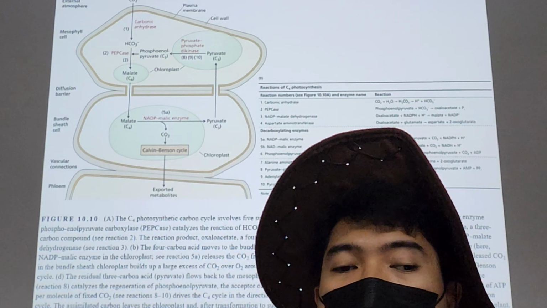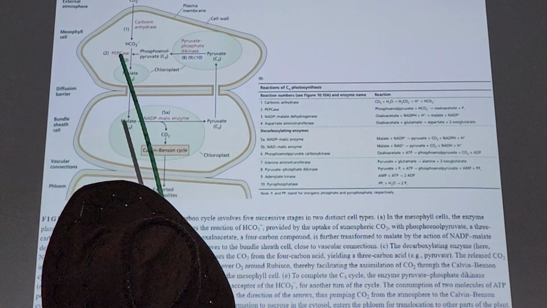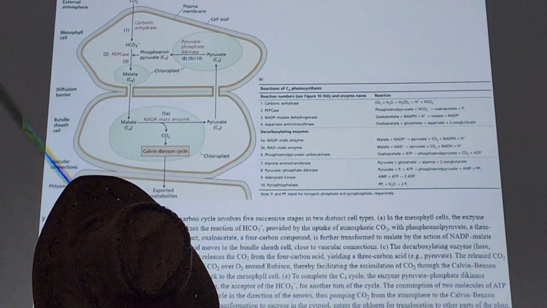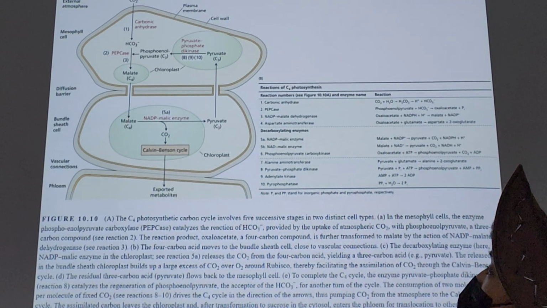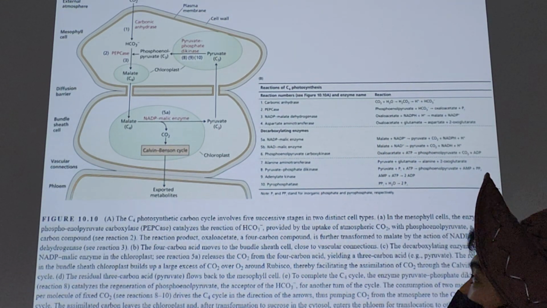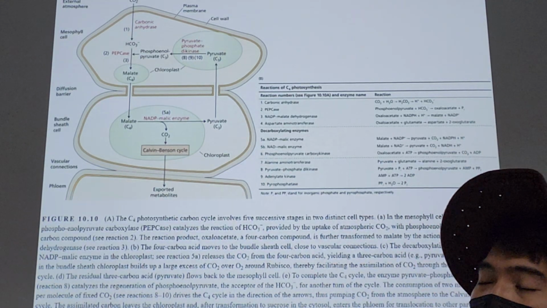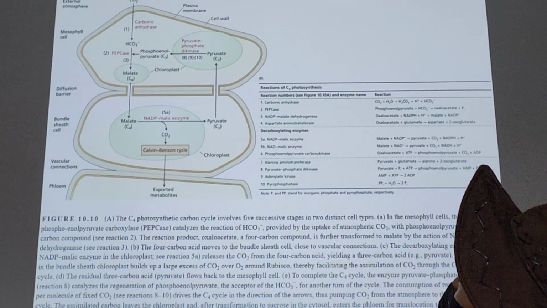Rather, the first product is a 4-carbon compound, such as malate here, right? So the image you're looking at here is a typical representation of a C4 photosynthesis organism, such as corn, maize.